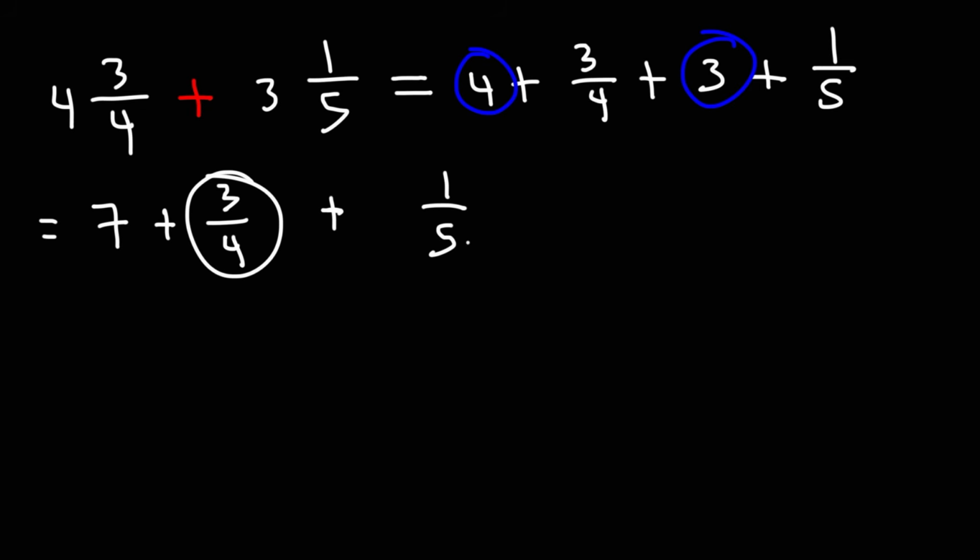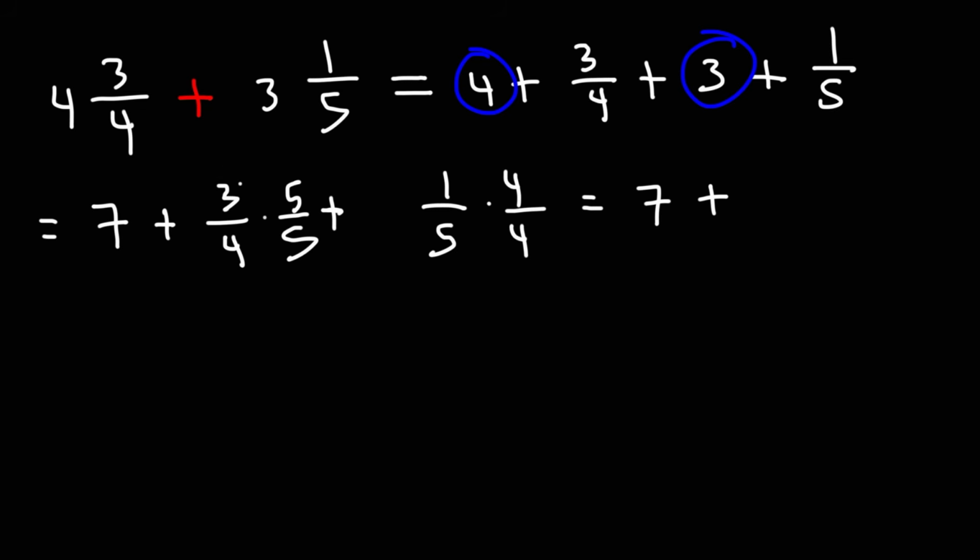So 3/4, let's multiply by using the 5. So we're going to multiply 3/4 by 5 over 5. And we're going to multiply 1 over 5 by the other denominator, 4, so times 4 over 4. So this is going to be 7 plus 3 times 5 is 15, 4 times 5 is 20.